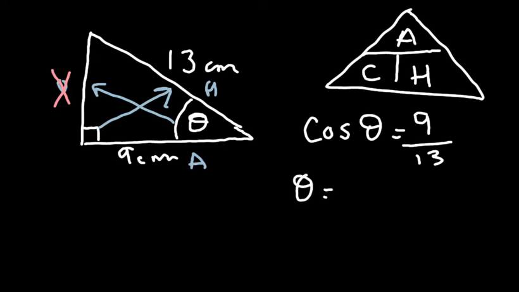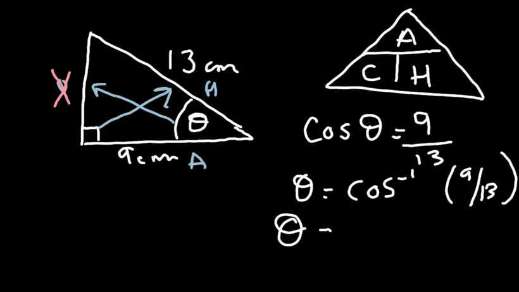If I want to find the angle, I do inverse cos of 9 divided by 13, and you'll find the inverse cos just above the cos button on your calculator, and it's good to put the divide in brackets. We get 46.19, and that's degrees because it's an angle this time, to 2 decimal places.